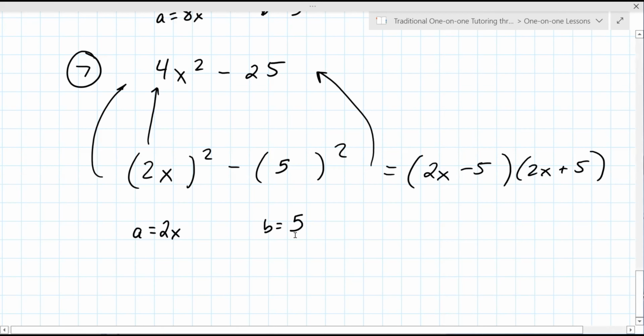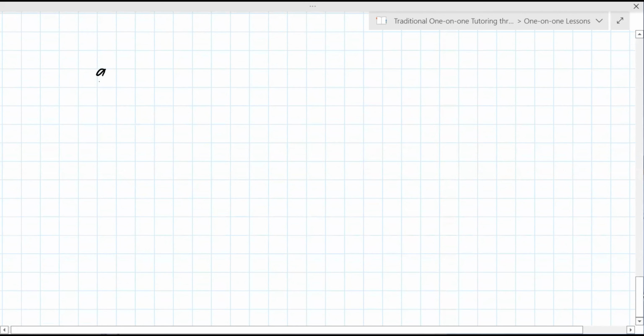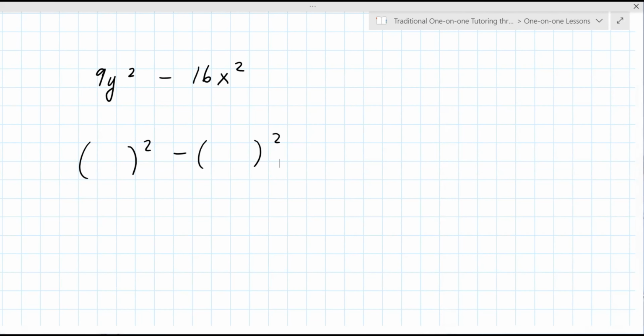Let me know when you get this down. I'll give you another one to try here. Yeah, I got it done. Okay, so let's go 9y squared minus 16x squared. So you're just figuring out what you need to go backwards. What do you square to get back to 9y squared?